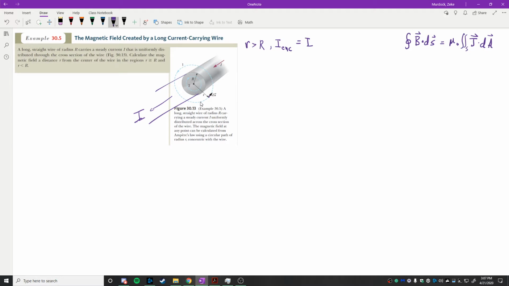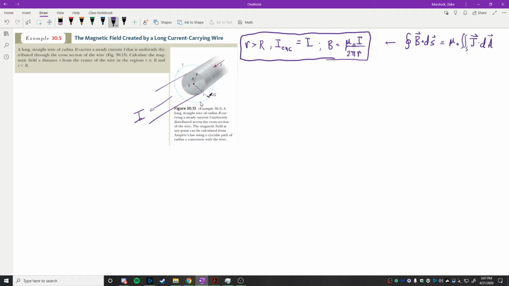And that means that by applying this, we get an answer that we've already kind of got. We just did it a second ago, which is that the magnetic field outside of the wire is just going to be mu naught I over 2 pi times r, where r represents the distance you are away from the wire. So that's the region r greater than R.